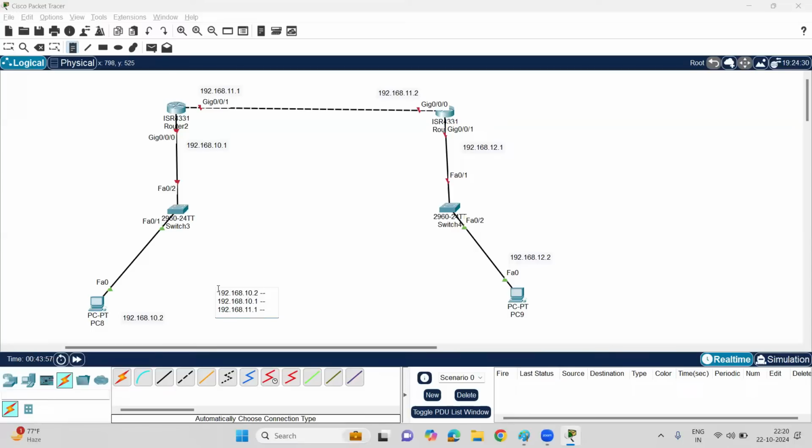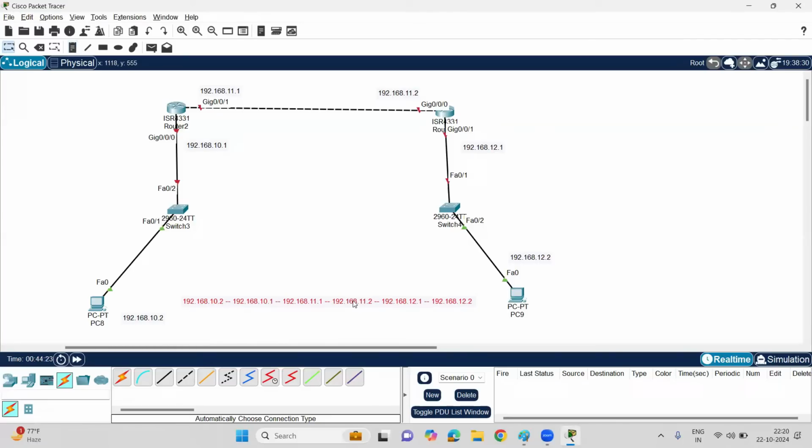Then 11.1 will forward the data to 192.168.11.2. Then the data will be forwarded to 192.168.12.1 and next, 192.168.12.2. So this is how the sequence of data forwarding will be done.